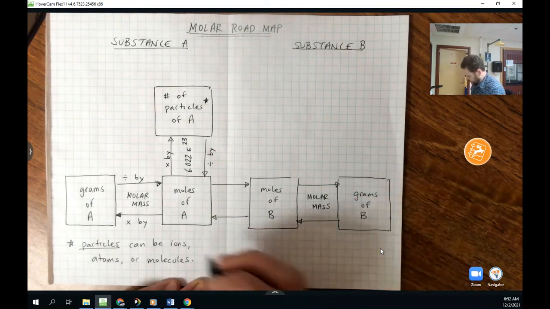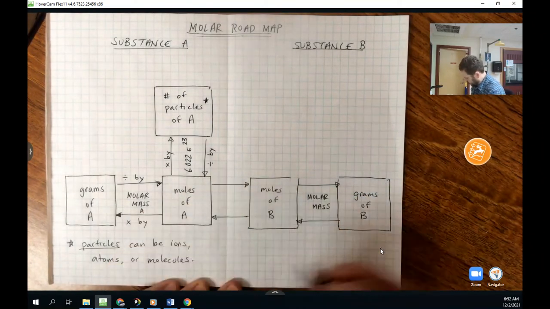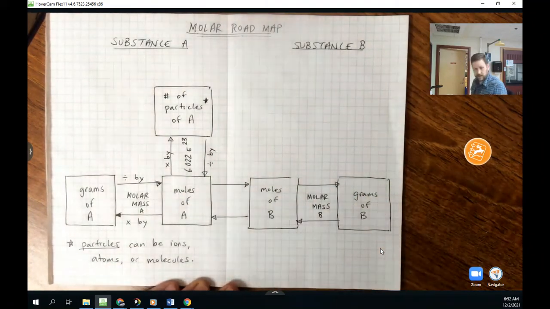But of course, this would be the molar mass of A, and this would be the molar mass of B, right?